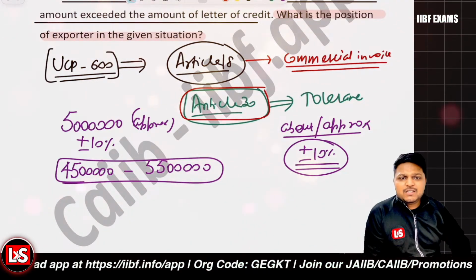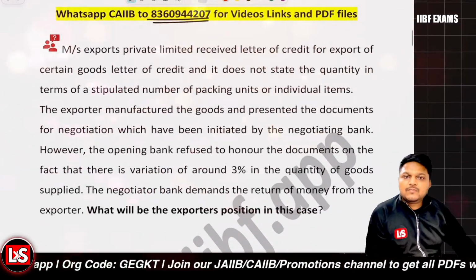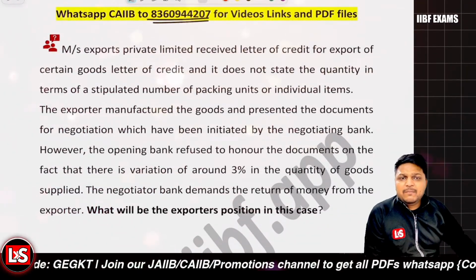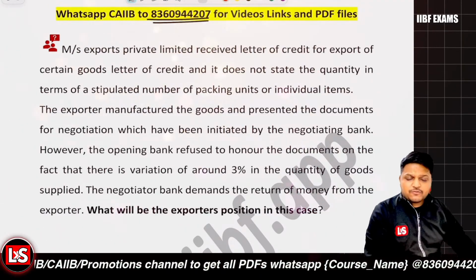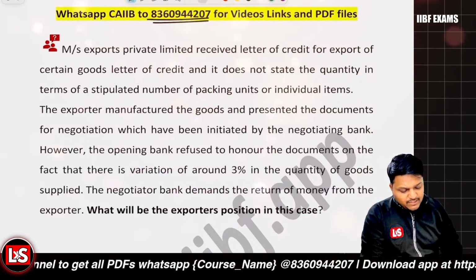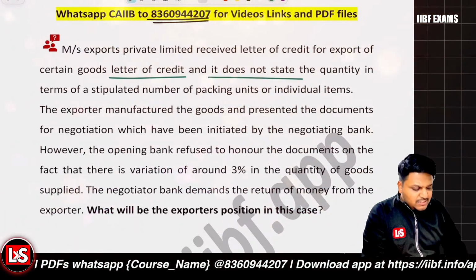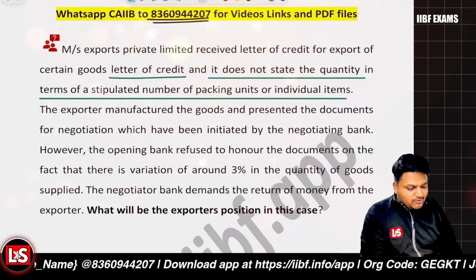Now let's move to the next question, the next case study. Messrs. Export Private Limited received a letter of credit for export of certain goods, and it does not state the quantity in terms of the stipulated number of packing units or individual items.